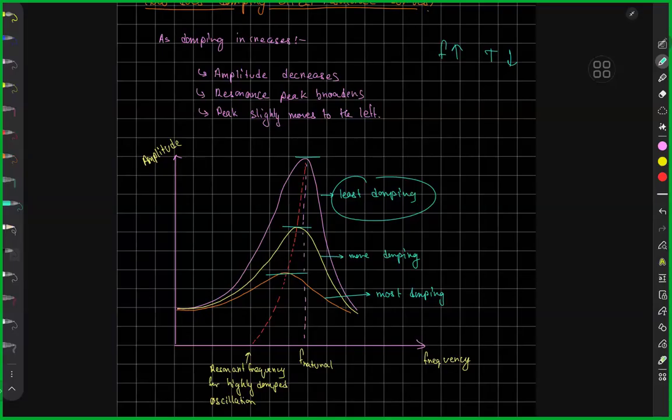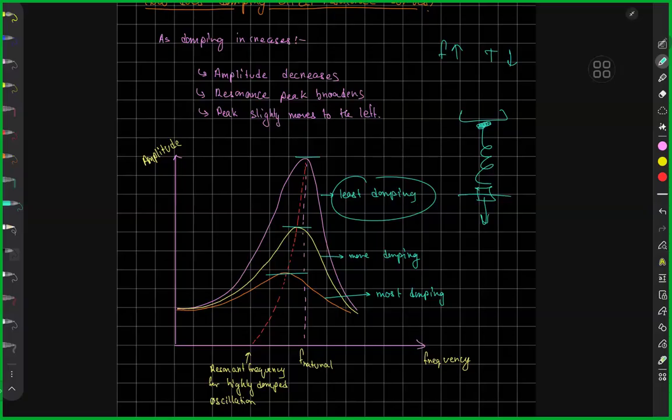And what you will also notice is the natural frequency of the object decreases as well. So if I have a system such as this, and I introduce some sort of damping over here, you know what happens? If I pull it down by this amount and make it oscillate, naturally it will start oscillating at a lower frequency due to the damping.